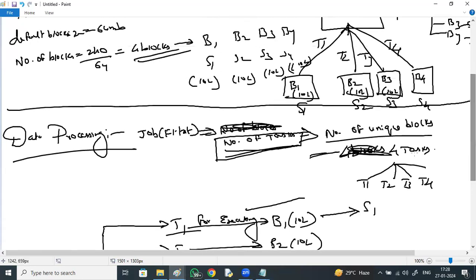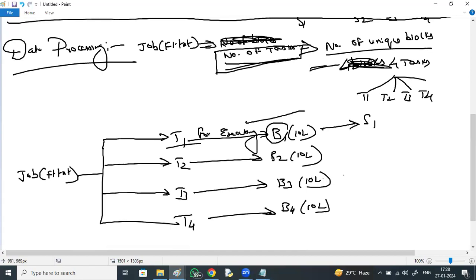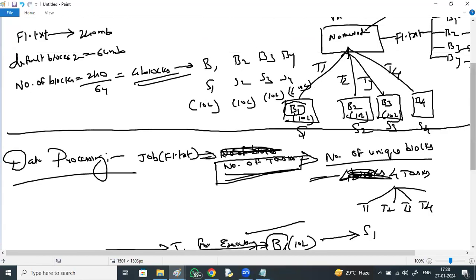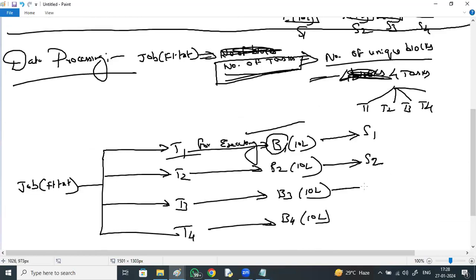S1 only can execute it because T1 is for executing B1, and B1 is present in S1. Who should execute T2? S2 only, because B2 is present in S2. T3 by S3 and T4 by S4.